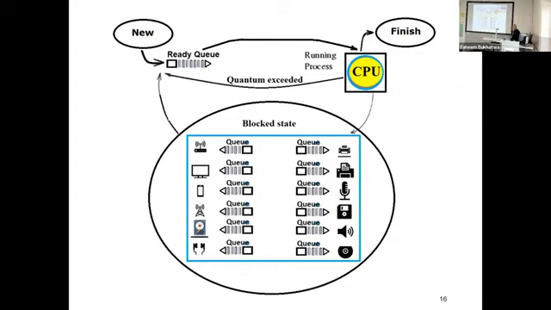This is a more detailed diagram than what we've seen. A process comes in new, it's given priority, it's given an ID, it's given a process control block, and it's put into the ready queue waiting to be moved to the CPU when the CPU is ready. When it's at the CPU, it has three options.